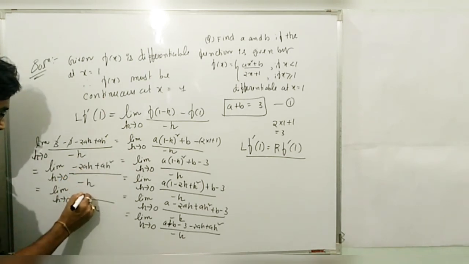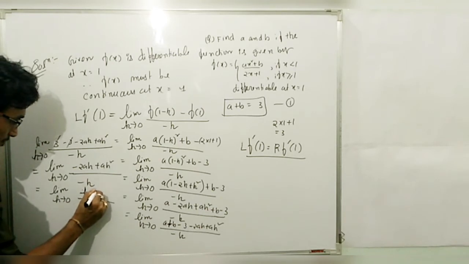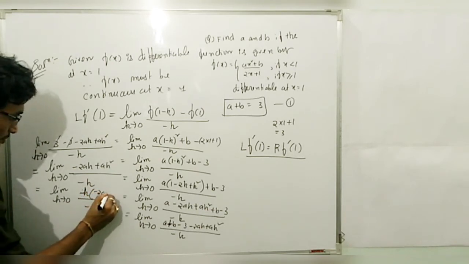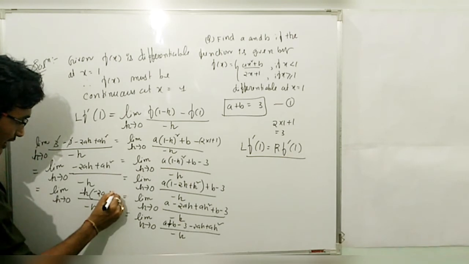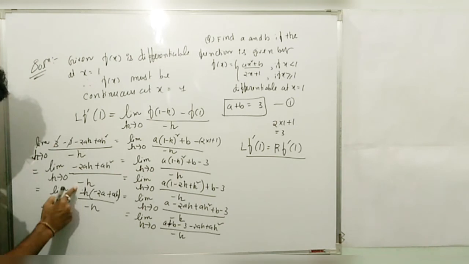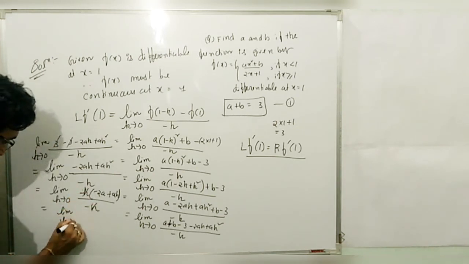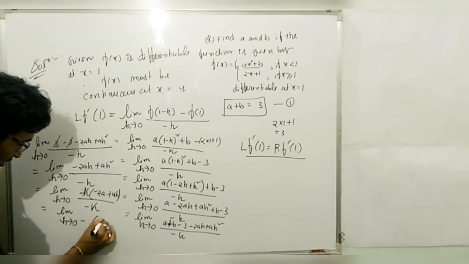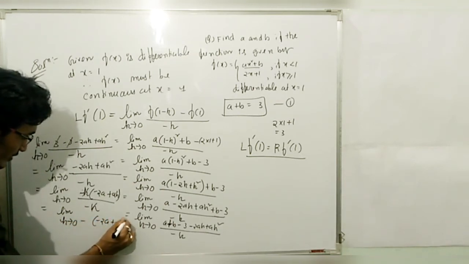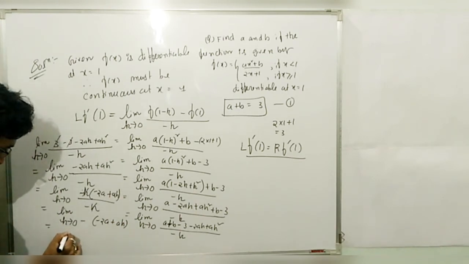Taking common h, it becomes minus 2a plus ah. Now you can cancel the h. So it becomes limit h tends to 0 minus 2a plus ah. After putting the value of h we get plus 2a.